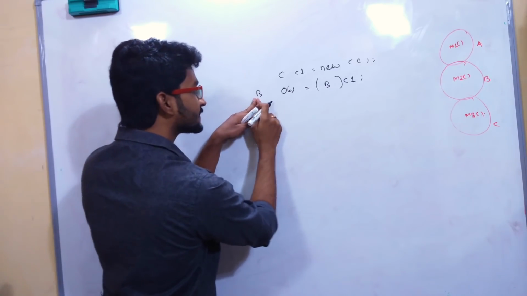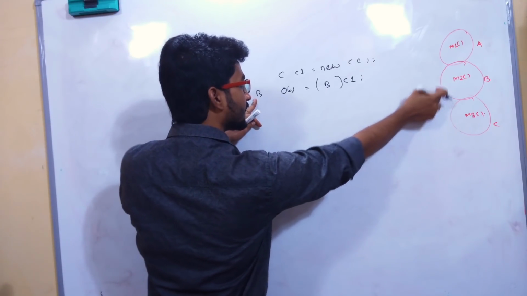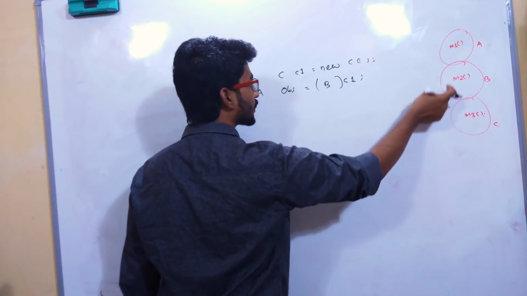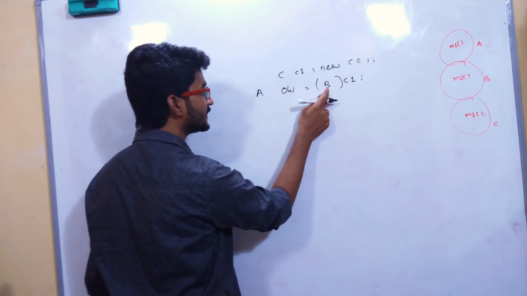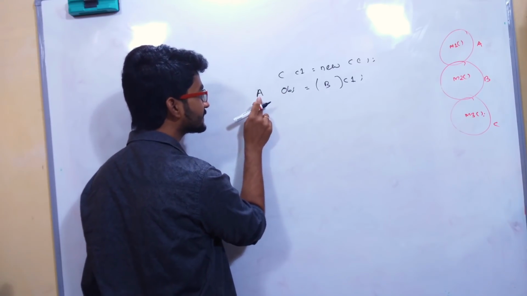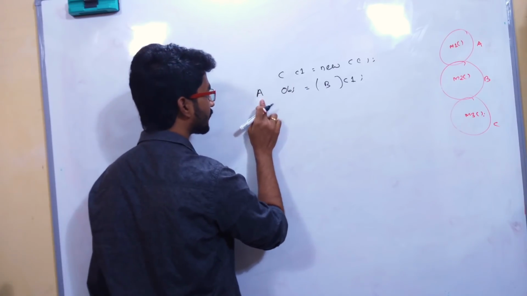This and this need to match. Otherwise, this needs to be the superclass of B, right? So who is the superclass of B? A is the superclass of B, so I can write A here. So here it is B, and these two need to be the same. Otherwise this needs to be the superclass of B. So A is the superclass of B, so I can happily write it.